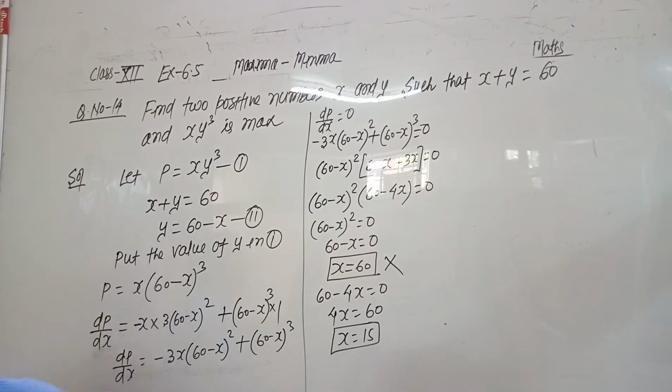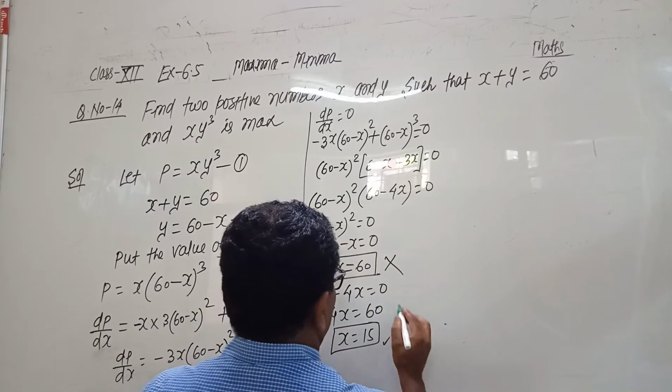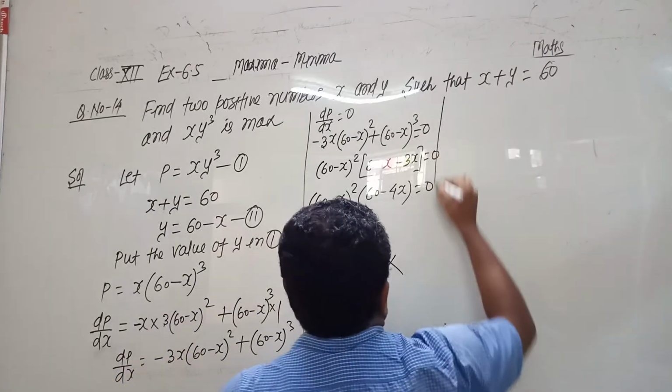If one number is 60, then the other number will become 0. So x equals 60 is not possible, and we take x equals 15.